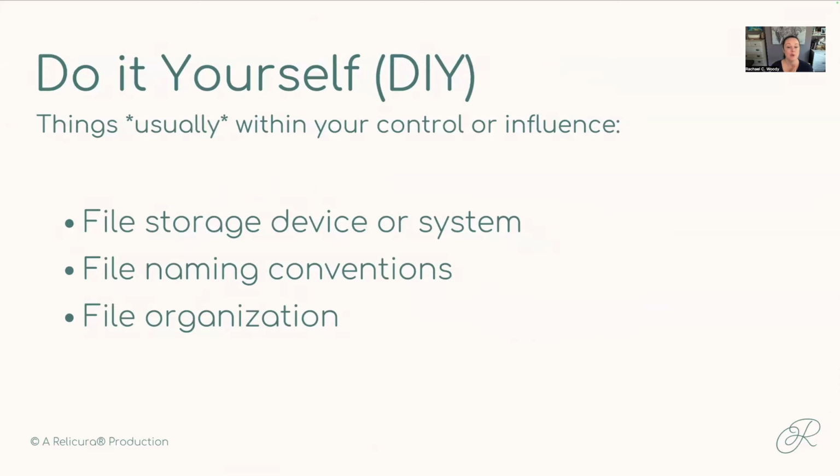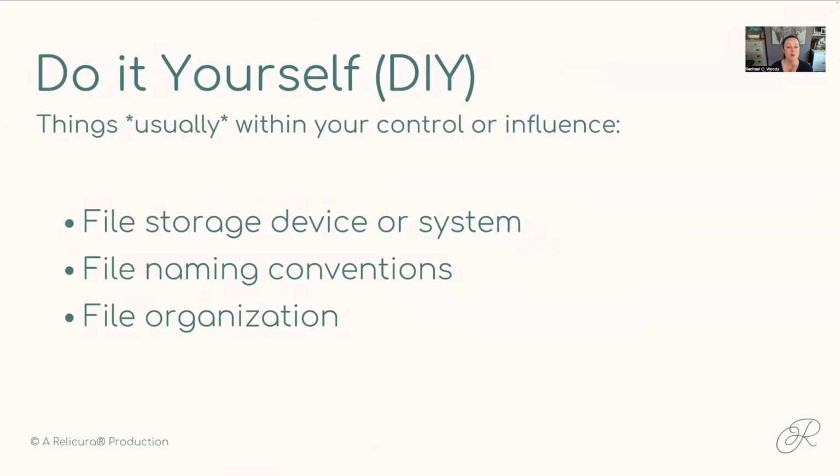You can do some DIY, some do-it-yourself. In terms of things that are usually within your control or influence is where the file storage happens. Whether it's the file storage device or system, you usually have some sort of influence, if not direct decision-making, over what storage and where.